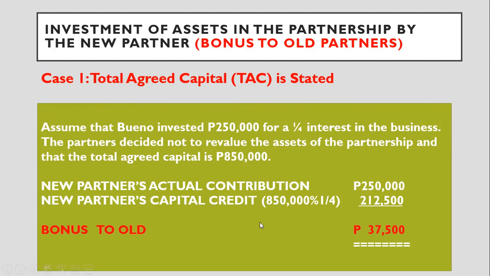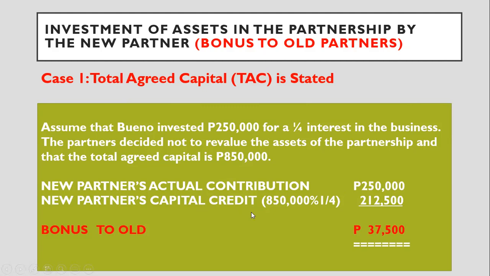To determine whether a bonus is given, and to whom it will be given, we need to compare the actual contribution of the new partner with its capital credit. The actual contribution of the new partner is 250,000.